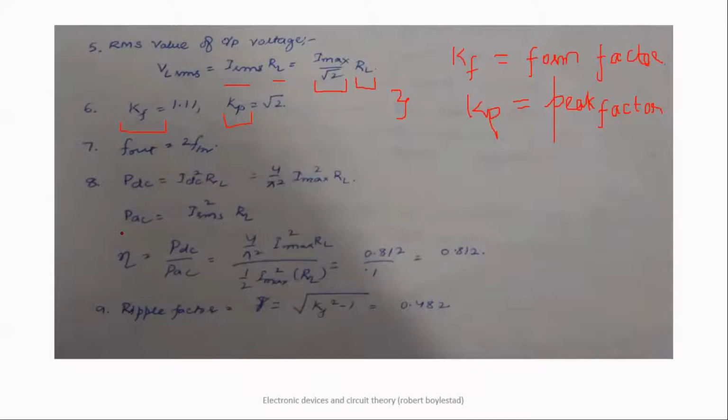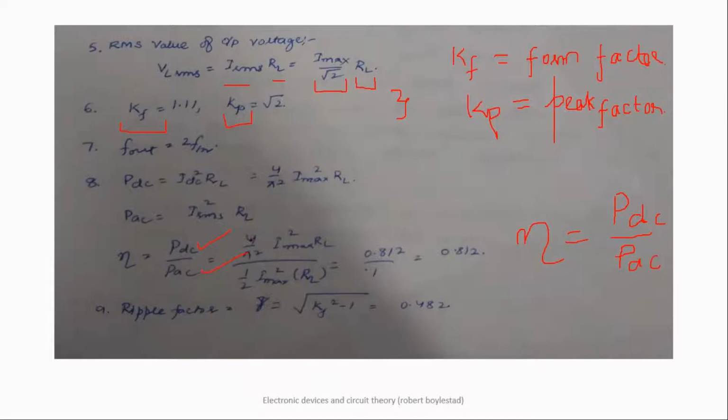The next portion that is important, as far as full wave rectifier is concerned, is your efficiency. Efficiency is denoted by eta. So efficiency formula is the ratio of DC power to the ratio of AC power.